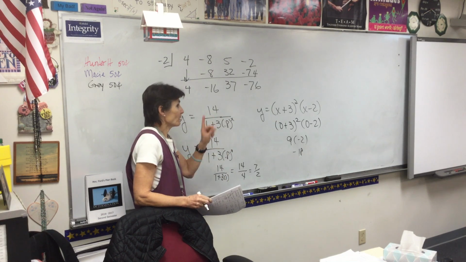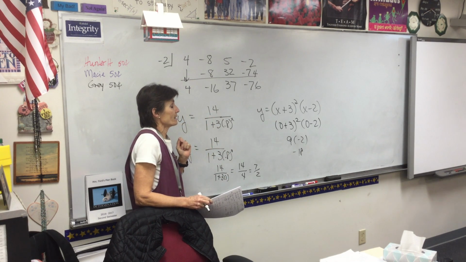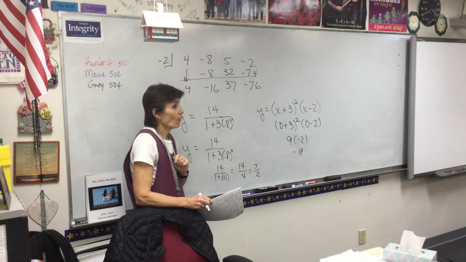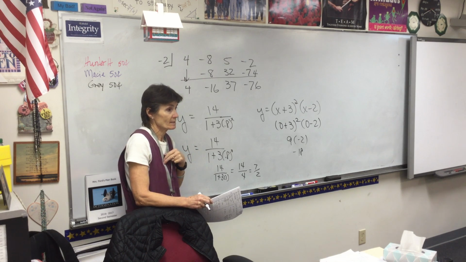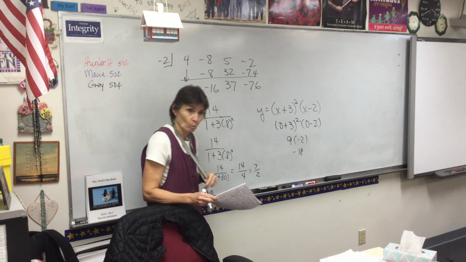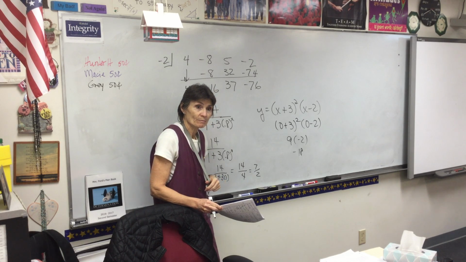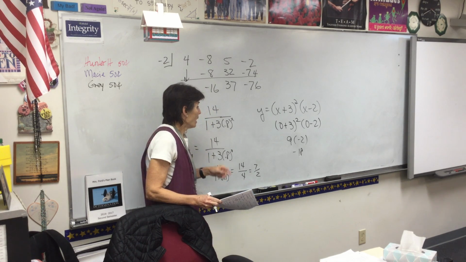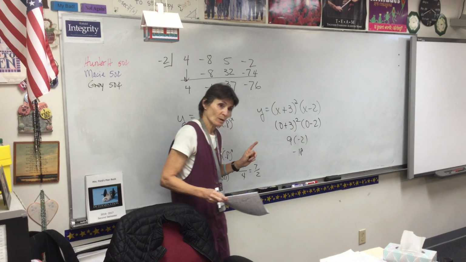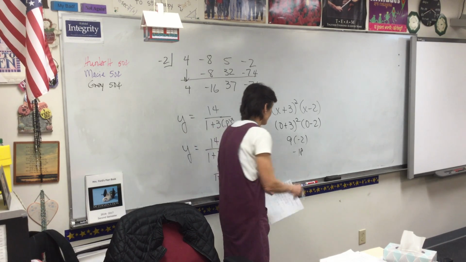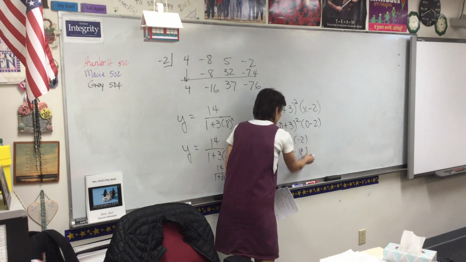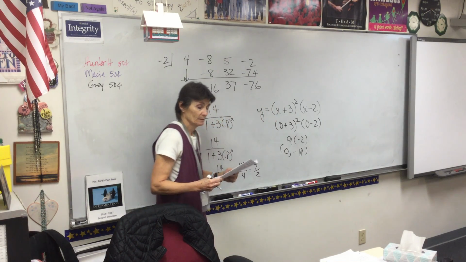So it doesn't matter what the equation looks like. If you are finding a y-intercept, you are going to let x be 0, no matter what. When we write the answer, is it like y equals negative 18 or is it y-intercept? These are going to be multiple choice questions, so I have a feeling it's either going to say negative 18 or it's going to say the point 0, negative 18.